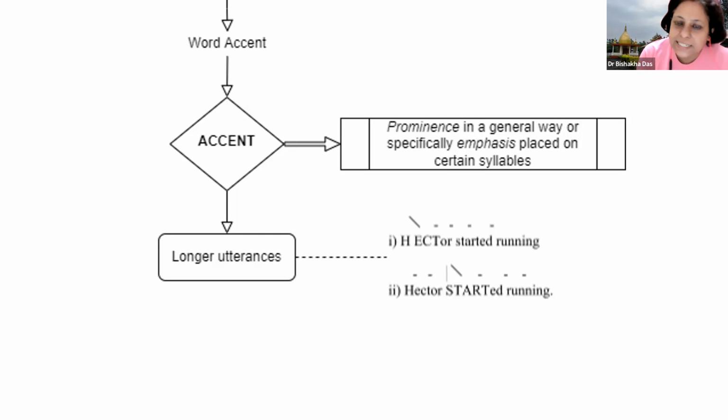Now, in the second sentence, we see that the falling pitch is on the first syllable of the second word. So here it is, Hector started running, for the likely assumption that you would not have expected it, but it was Hector who started running. So this is accent.